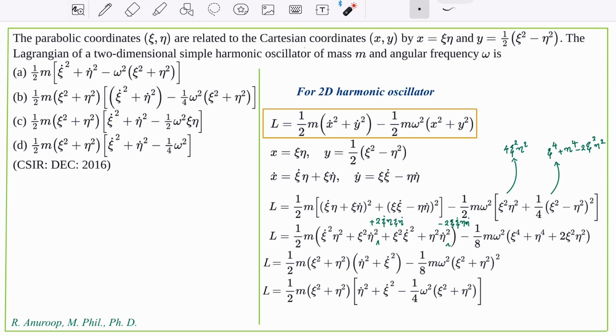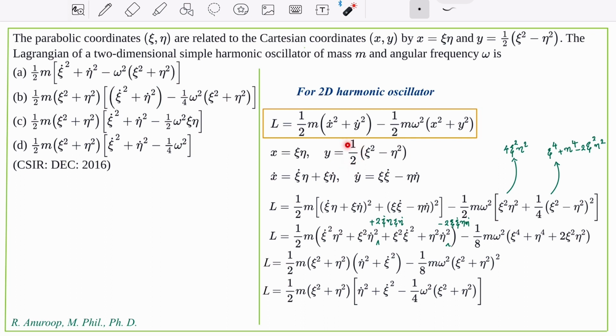It is given that x is equal to psi eta and y is equal to 1 by 2 (psi square minus eta square). First let us find out x dot. x dot is equal to psi dot eta plus eta dot psi. Then what is y dot?